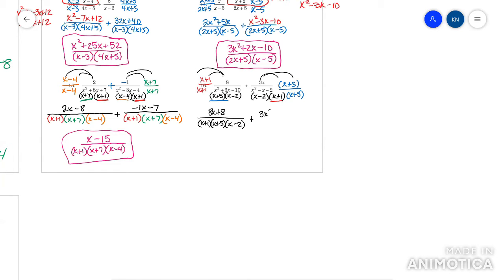You get 3x squared plus 15x over all 3 things. And then you can combine the numerators and finish this problem. So it would be 3x squared. 15x plus 8x is 23x. And then you had that plus 8. It's over all 3 of those things, the common denominator.